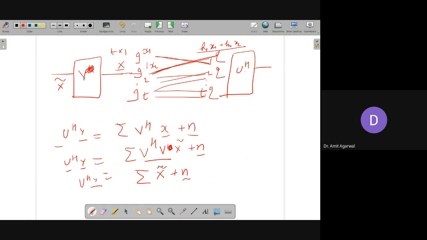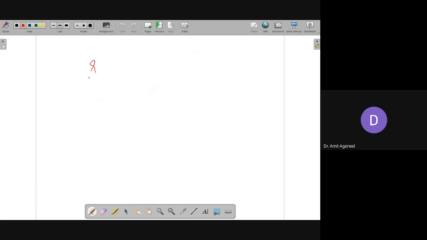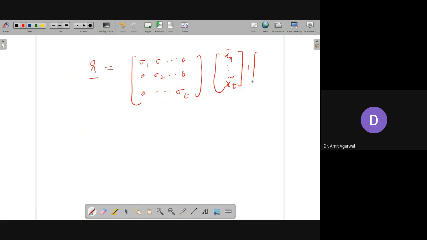So now you see that you can write this effective received signal r as sigma 1 0 0, 0 sigma 2 0, 0 0 up to sigma t, times x1 tilde up to xt tilde, plus n1 tilde, n2 tilde up to nt tilde.